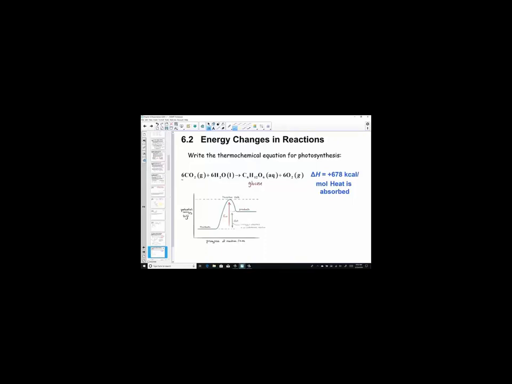The thermochemical equation includes the delta H at the end of your chemical sentence. So write out your balanced chemical equation, and at the end of your sentence, include the information about delta H. Now notice this is a positive sign, meaning that it's heat absorbing.